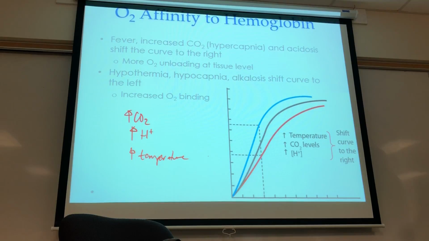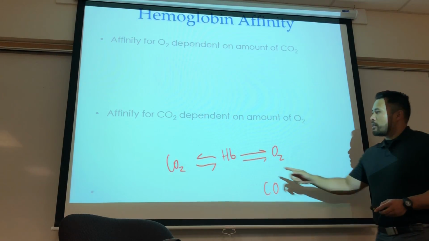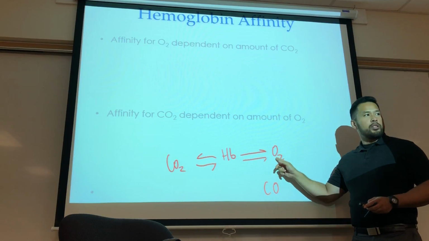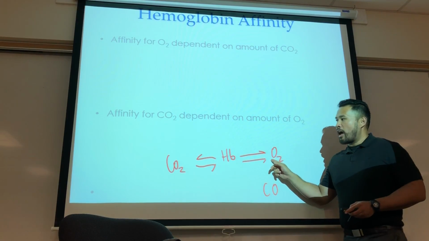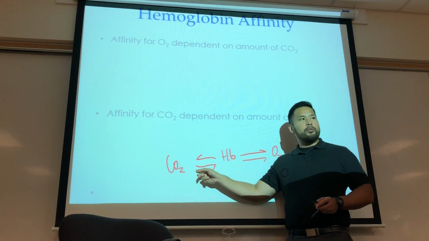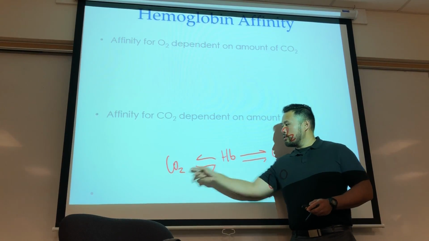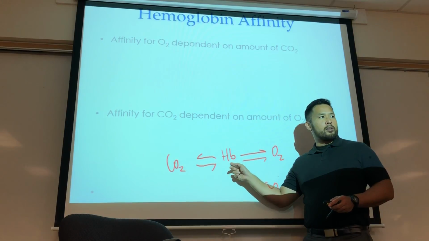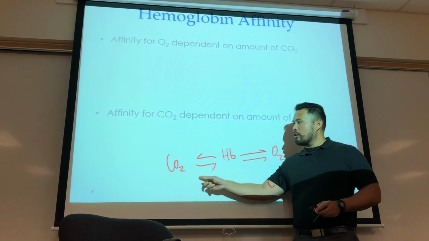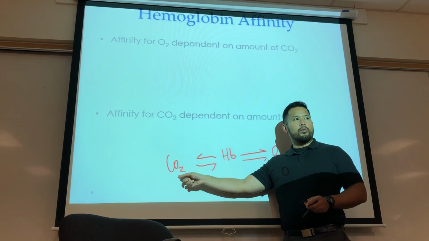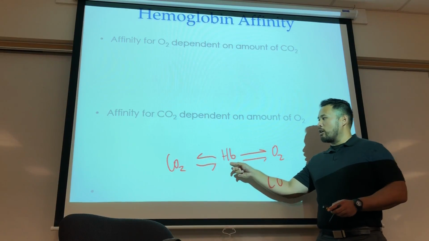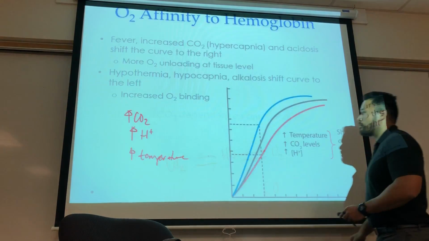Now, let's take into account those other principles that we just talked about earlier. If hemoglobin is bound to O2, right, and we start introducing more CO2 into the mix, CO2 and O2 compete for hemoglobin. So naturally, as we increase the amount of CO2, you're going to get more hemoglobin that will bind to CO2.